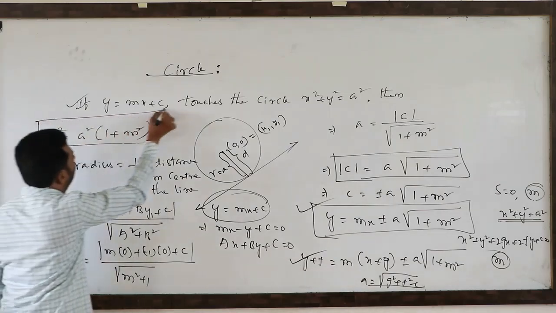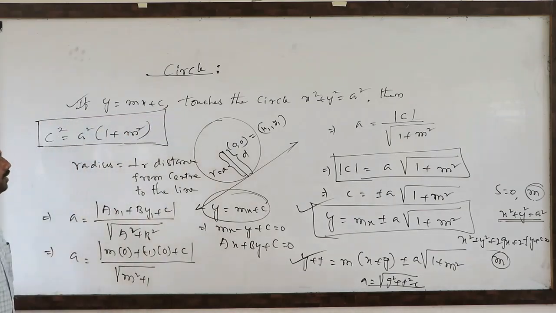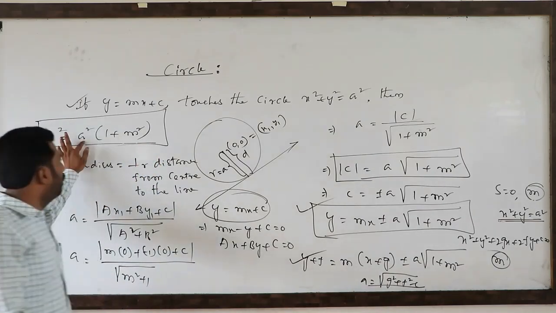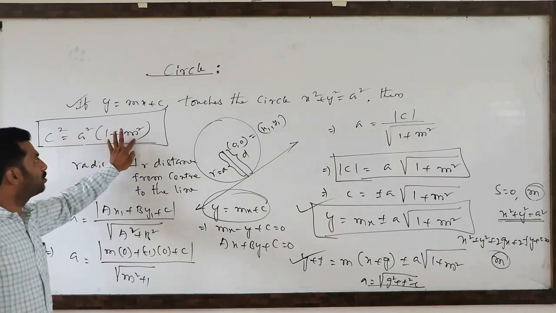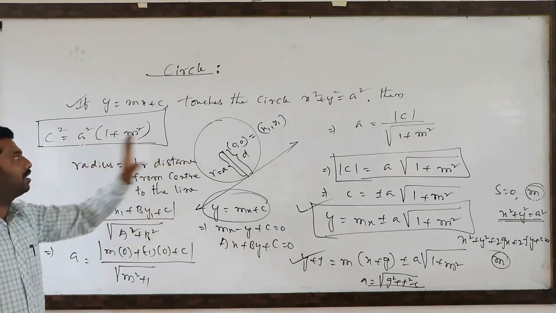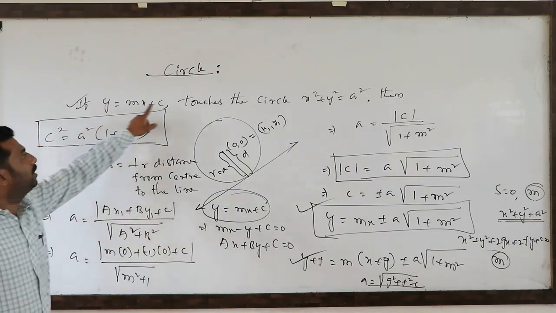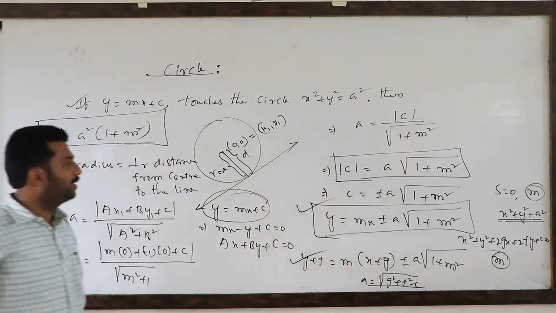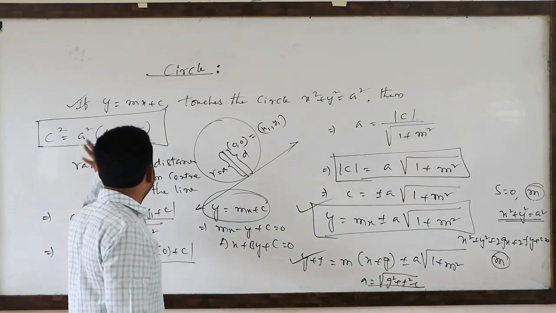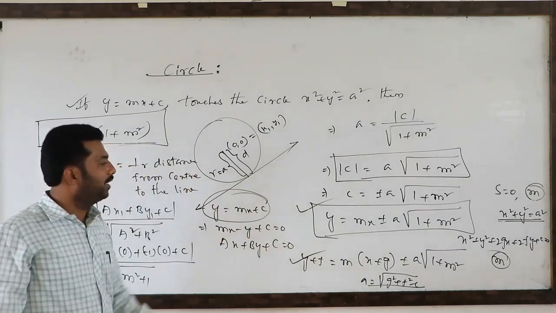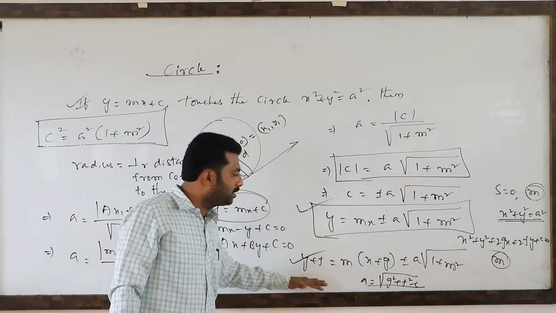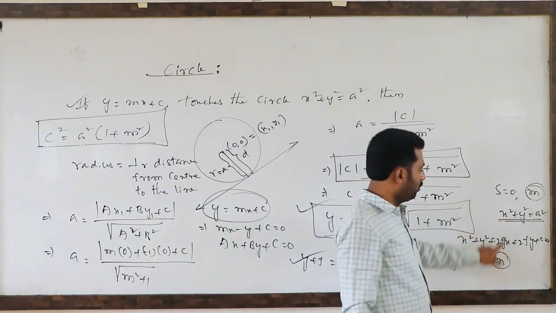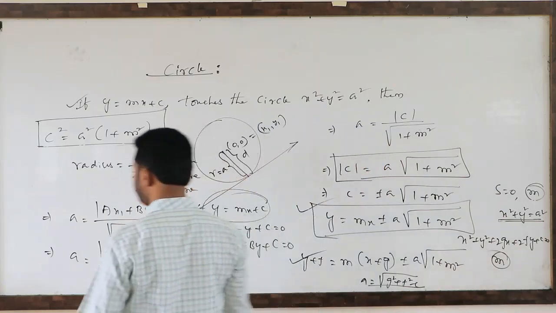This is the most important condition from the entrance exam point of view. You remember this condition, c square equal to a square into 1 plus m square. A means the radius of the circle, c means the constant term of this line, m means the slope of this line. So like this, if one line touches the circle, these are the conditions. This is the equation of the tangent whenever the slope is given.